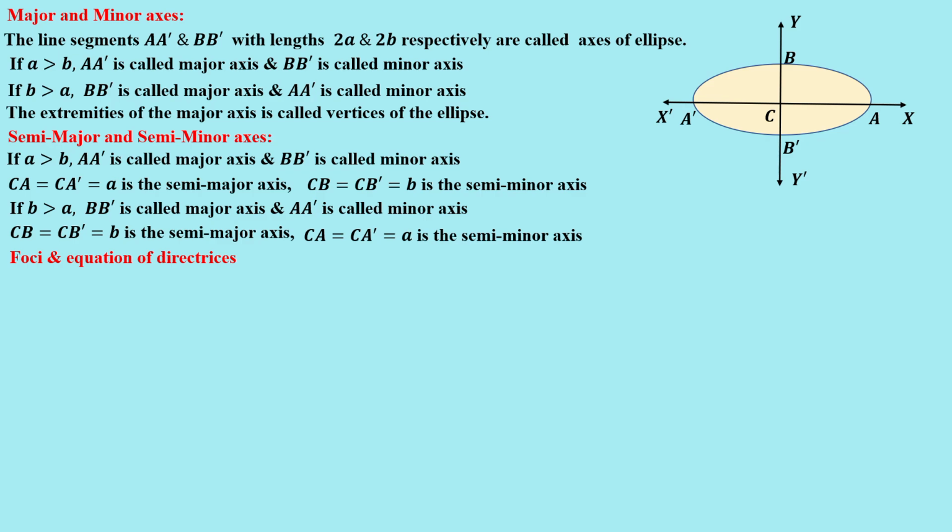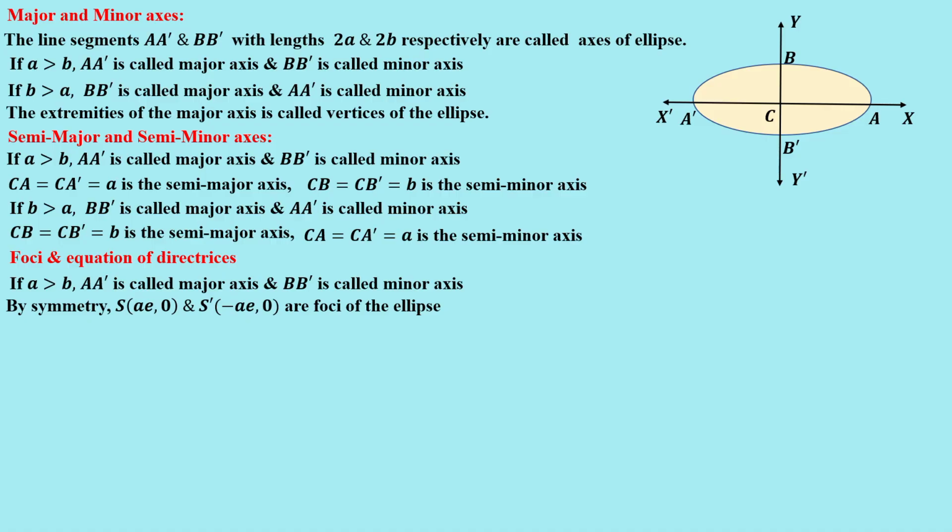Next, foci and equation of directrix. There are two foci and two directrices. So if a is greater than b, A A dash is called the major axis, B B dash is called the minor axis. By symmetry, S is (ae, 0), then S dash is (minus ae, 0), the foci. Two foci, because (ae, 0), then using the symmetry condition, the same value on the negative side, (minus ae, 0).